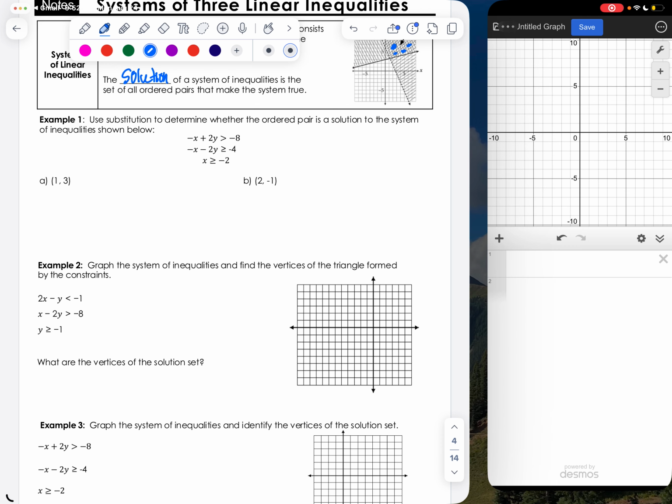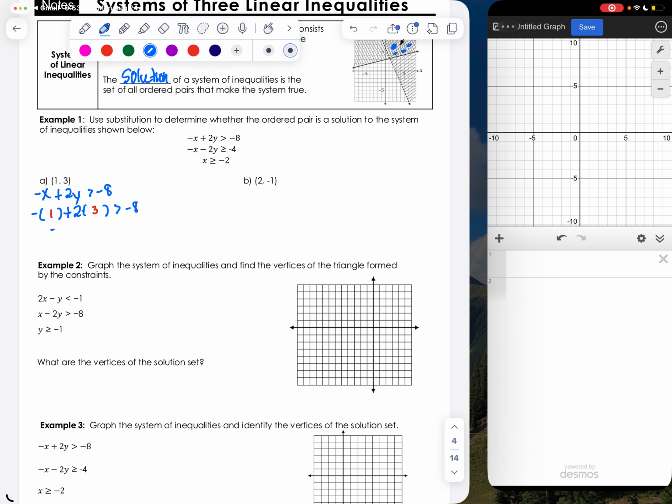So to do that, let me write down our top inequality, negative x plus 2y greater than negative 8. Now I'm going to replace the variables with parentheses. I'm going to have to write pretty small to do this. And I want to plug in a 1 for x and the 3 for the y.